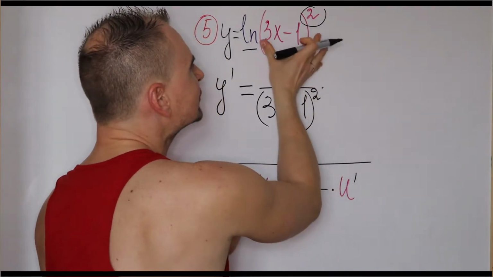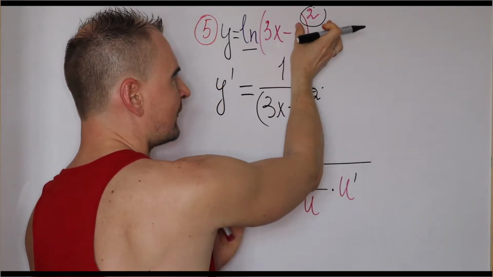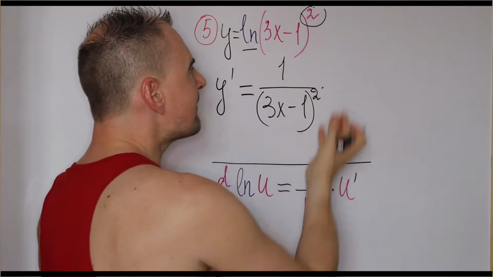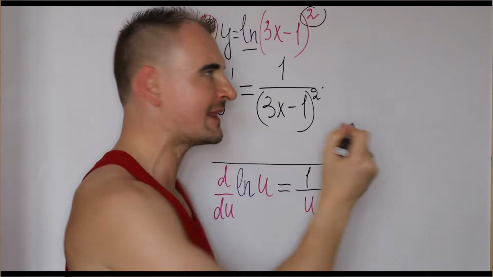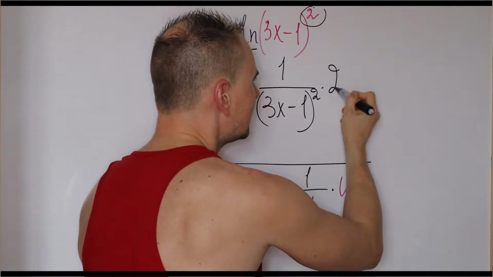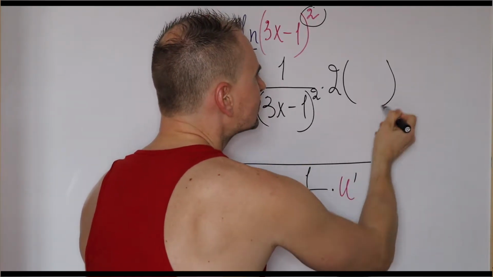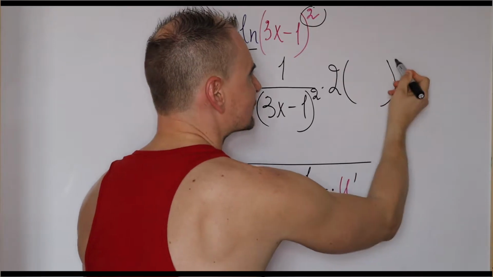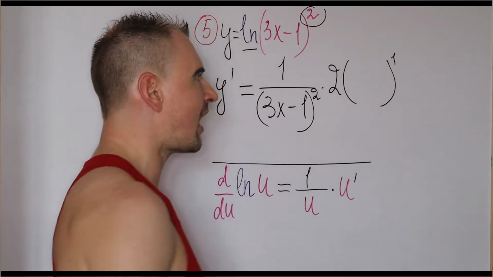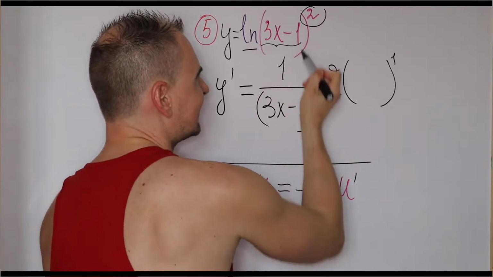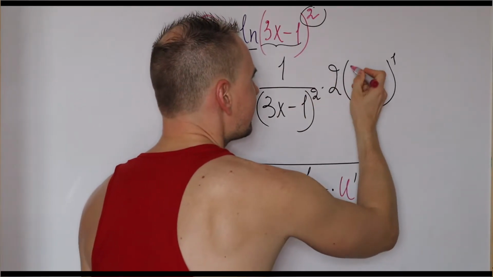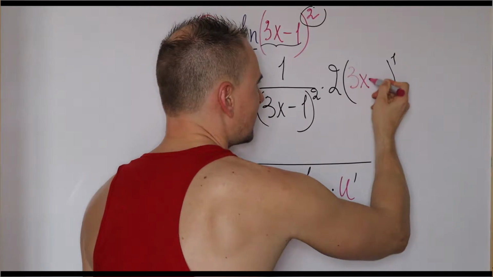Now, we need to take care of the derivative of the power. Remember that when we take the derivative of a power, we want to bring this power out front as a coefficient, and we want to reduce the power by 1. So 2 minus 1 becomes the first power, and you have to keep this inside expression as is. It's going to be 3x minus 1.